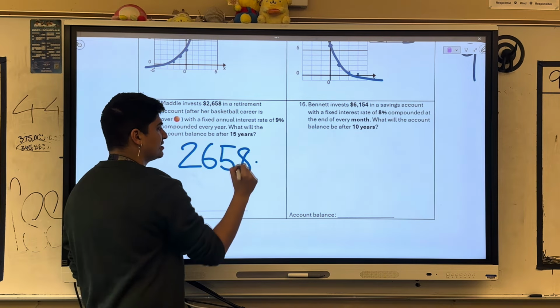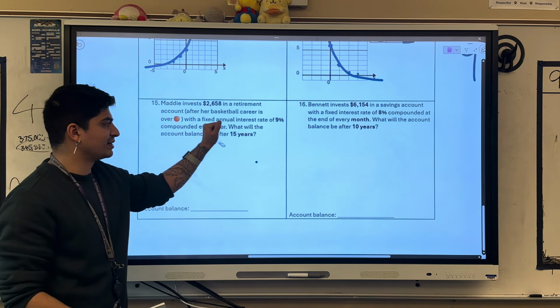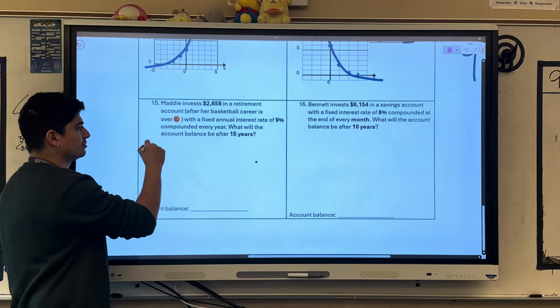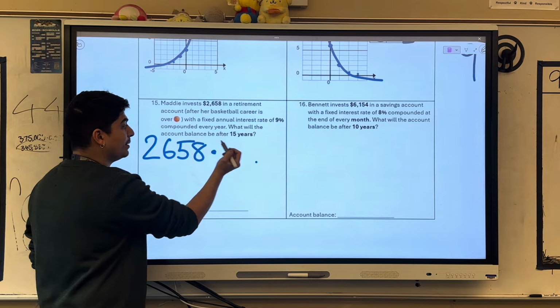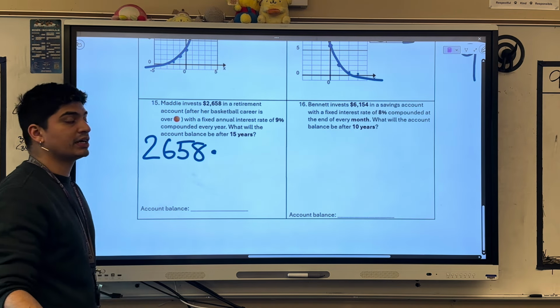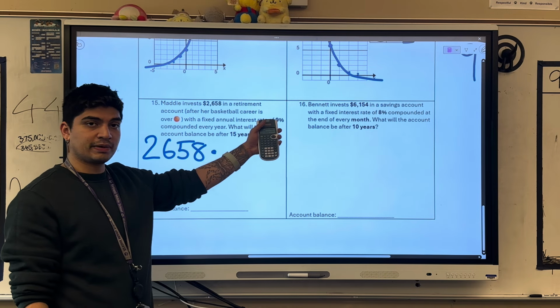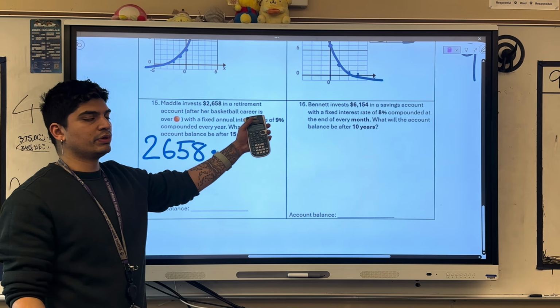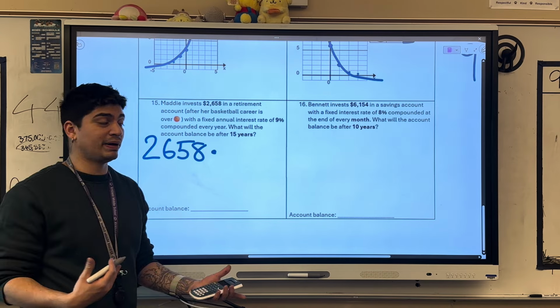2,658 times, what's going to be my interest rate growth here? It's 100% of this plus my interest rate. And we typically divide that annual interest rate by how many times it's being compounded.